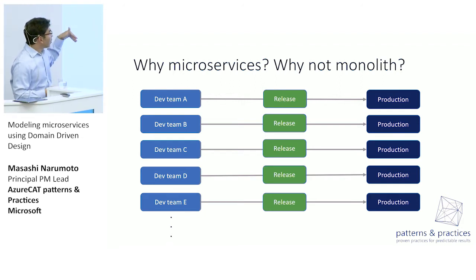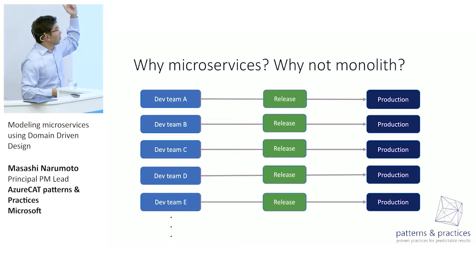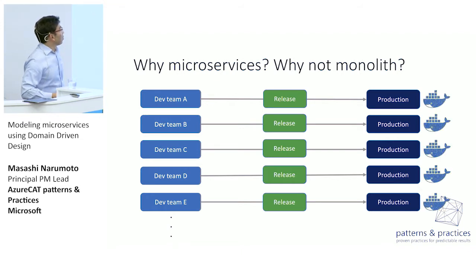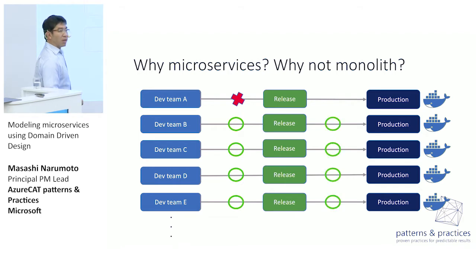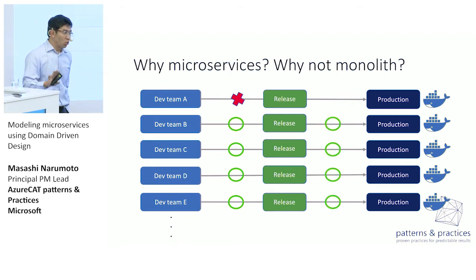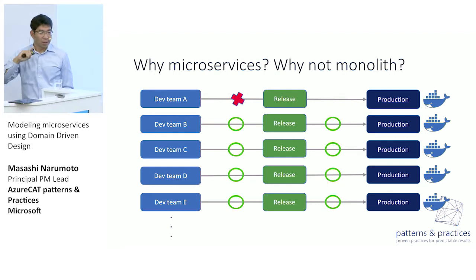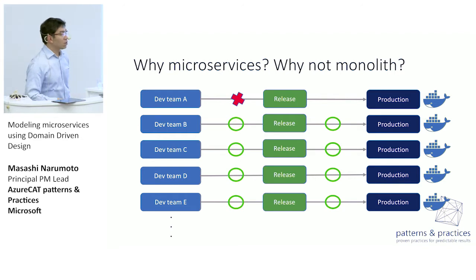So now 5 teams have 5 release pipelines, probably running in some sort of container orchestrator. And even when team A screws up again, the other teams have no issues releasing their updates. Once this guy fixes the problem, team A will release the latest and it gets stable, right? That's how it works in microservices.